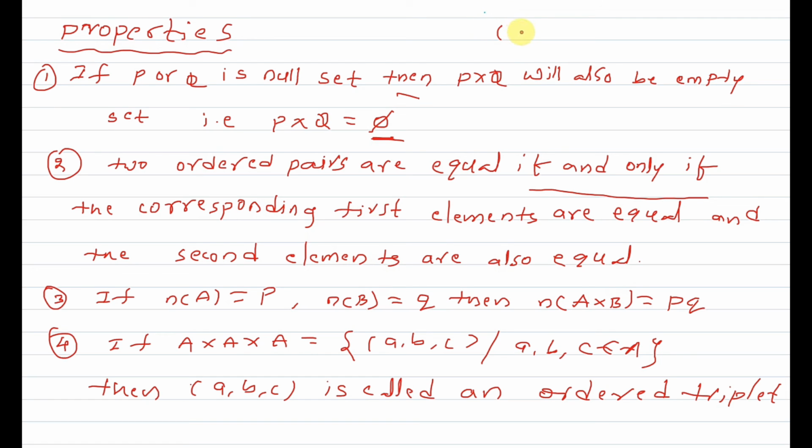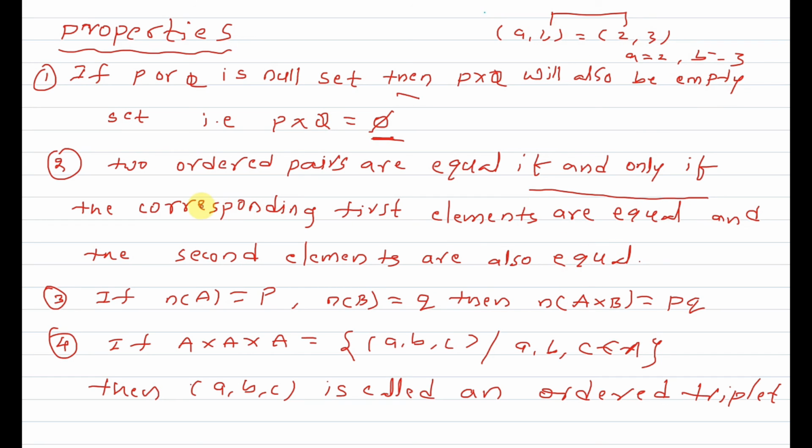For example, if A comma B is equal to 2 comma 3, so if these two are equal, this implies A is equal to 2 and B is equal to 3. So two ordered pairs are equal if and only if the corresponding first elements are equal as well as the corresponding second elements are also equal.